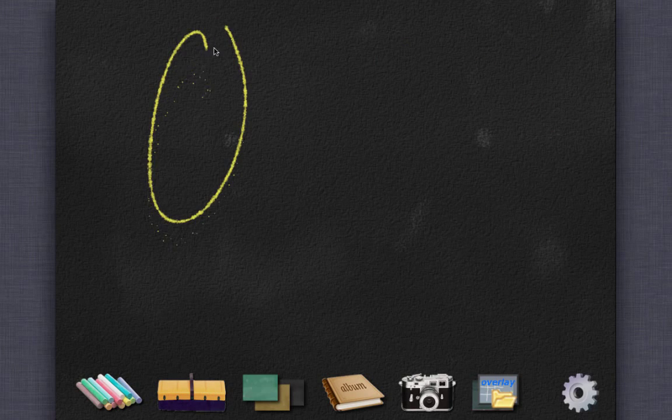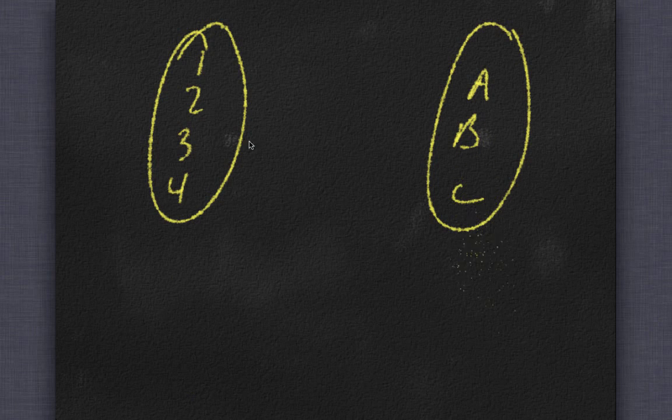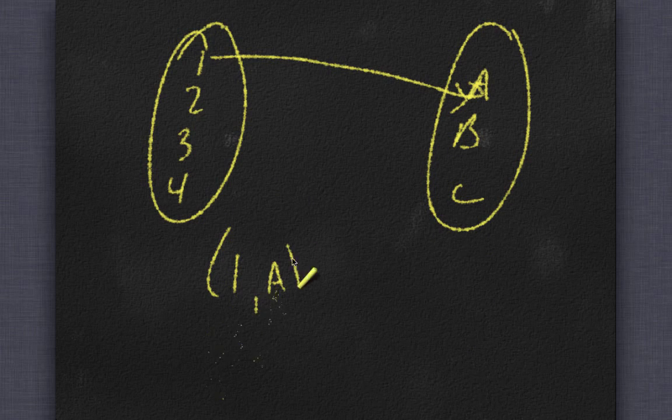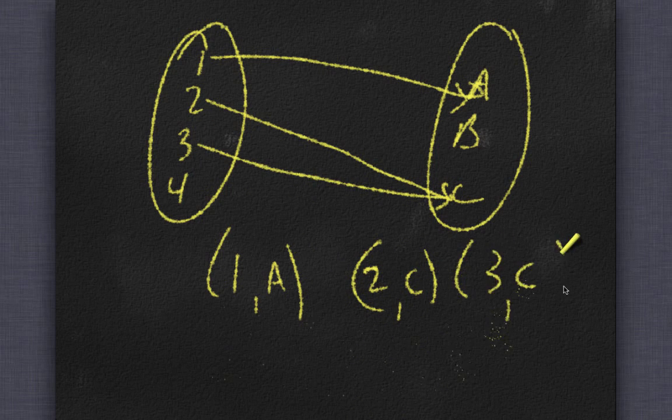So you could take a domain over here and a range over here. And if you go like that, that means that you have the ordered pair 1A. 1 goes to A, maybe 2 goes to C, and maybe 3 does too.